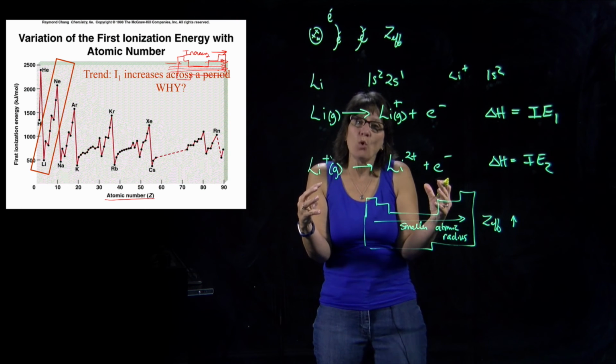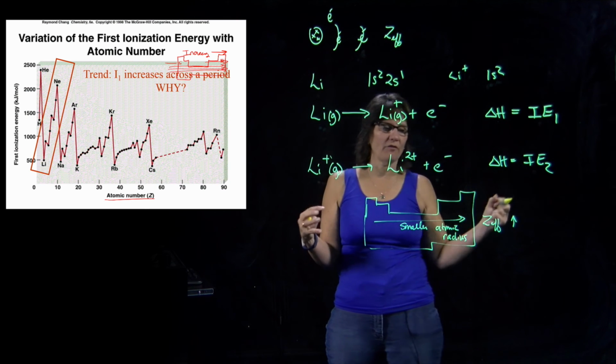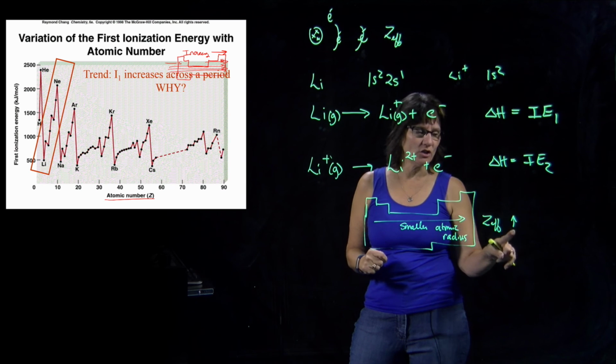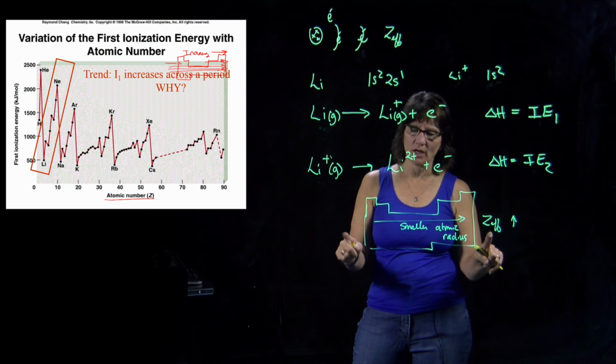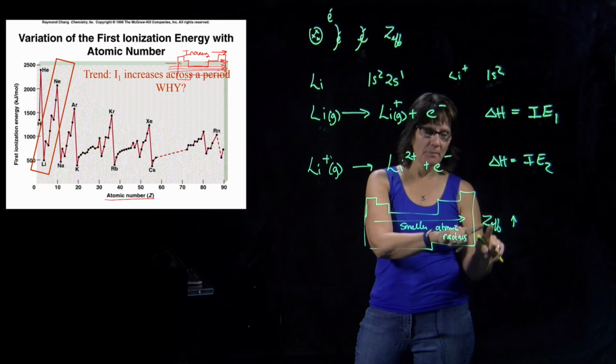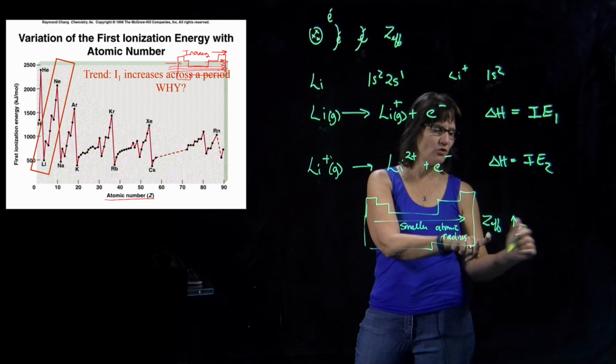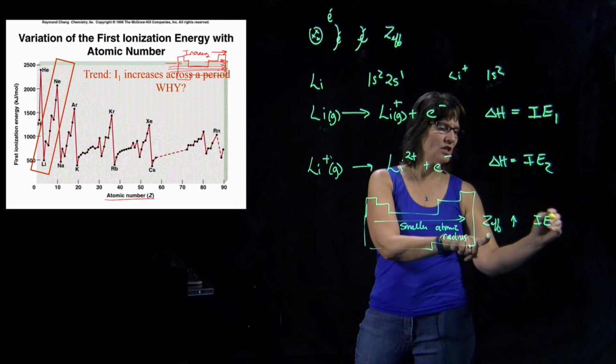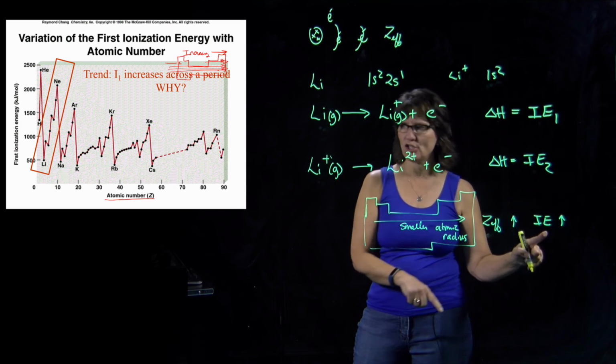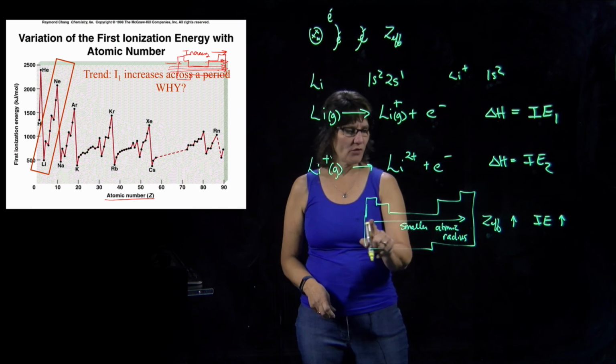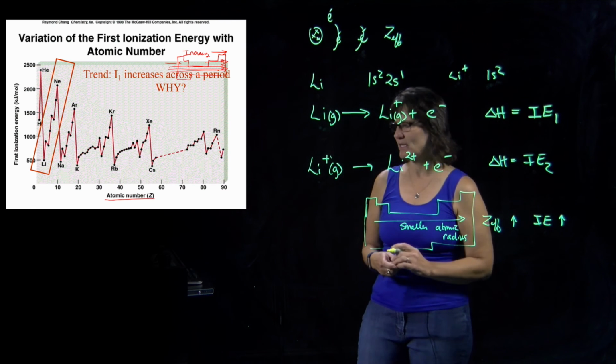It requires more and more energy to pull it off. So as the effective nuclear charge goes up, the atom gets smaller, but as the effective nuclear charge goes up, the ionization energy is going to go up. It's going to take more energy to remove an electron. So that is the trend across the periodic table.